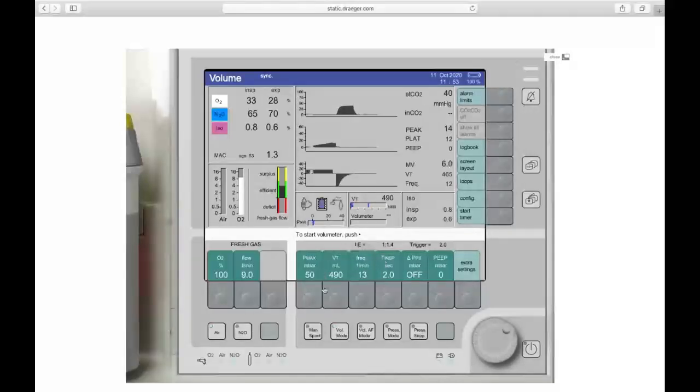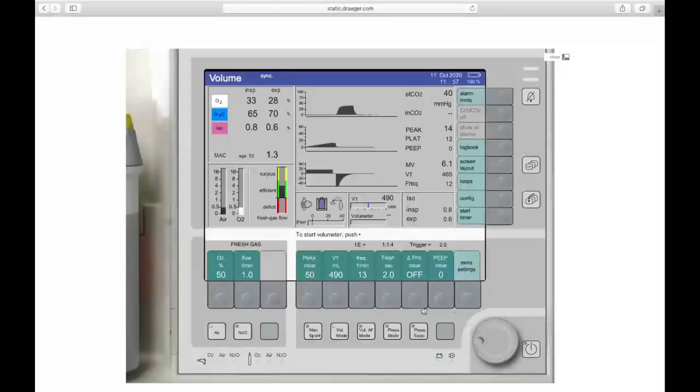Along with setting the minute ventilation, we will reduce the fresh gas flow. I have already done this, reducing the fresh gas flow to 1 liter per minute and 50% oxygen concentration. Other mechanical ventilation parameters and modes will be discussed in a separate seminar.